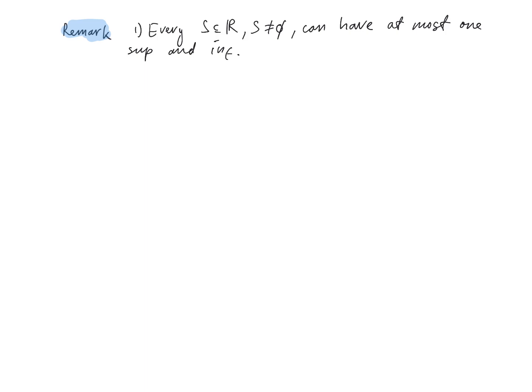This is just a consequence of the fact that a given set can have at most one maximal element and at most one minimal element, and the supremum is the minimal element of the set of the upper bounds of our set, and the infimum is the greatest element, or the maximal element, of the set of the lower bounds of our set.